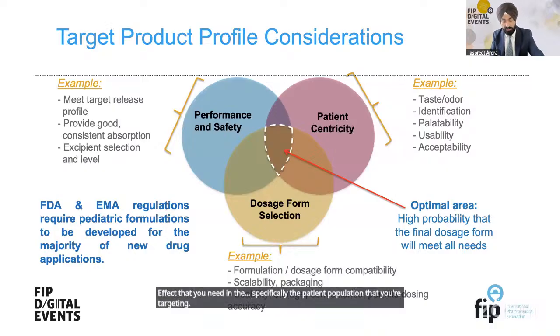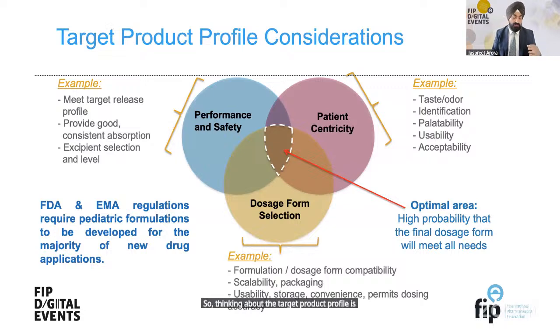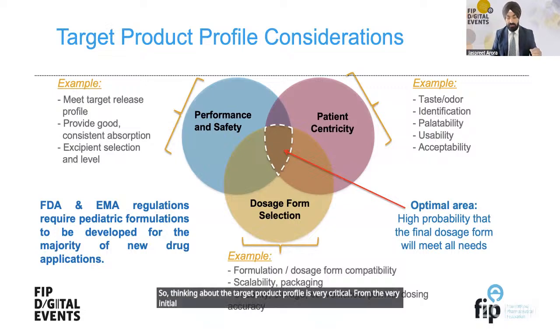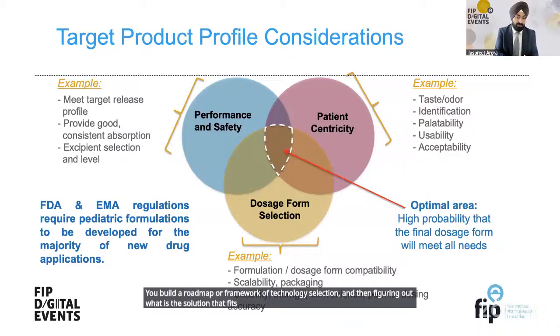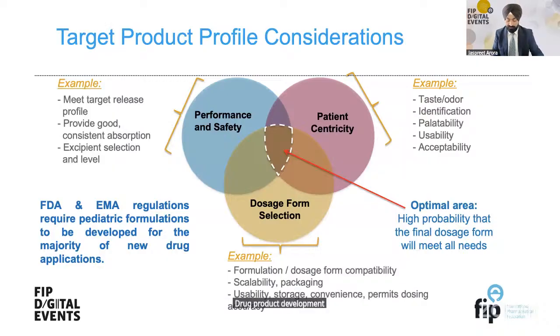So thinking about the target product profile is very critical from the very initial get-go. And you have to figure out what the different stakeholders are, quality, your patients, your dosage form, manufacturability, and then you build a roadmap or a framework of technology selection, and then figure out what is the solution that fits your drug product development needs.